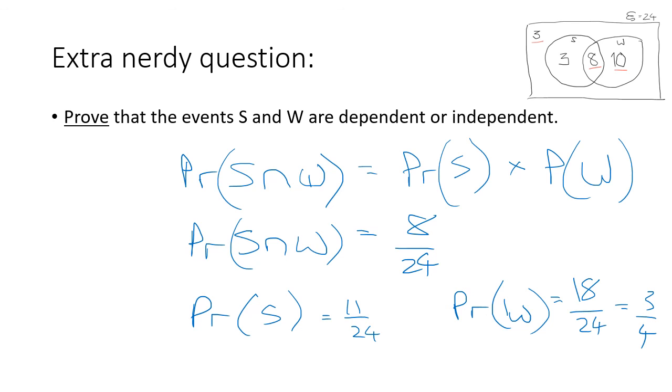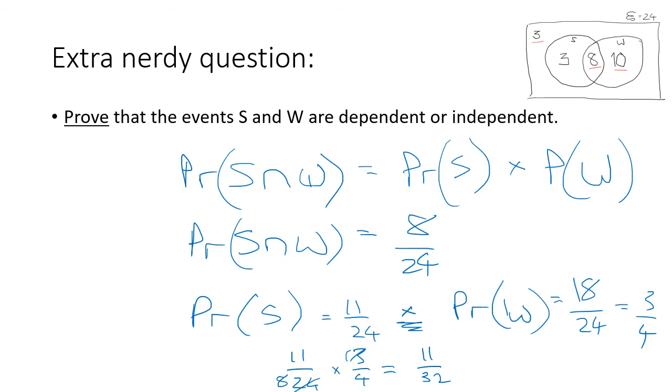So then when we do the test, we're going to multiply these 2 bits together. So we're going to go 11 over 24 multiplied by 3 over 4. Now actually I'm going to simplify my 3's there, so that'll turn into 1 over 4, and that'll be 11 over 8, which turns into 11 over 32.